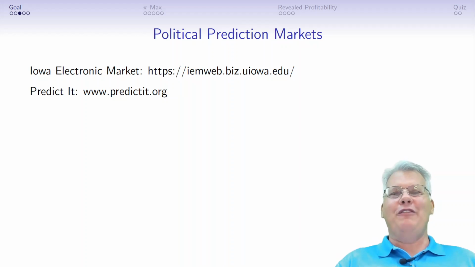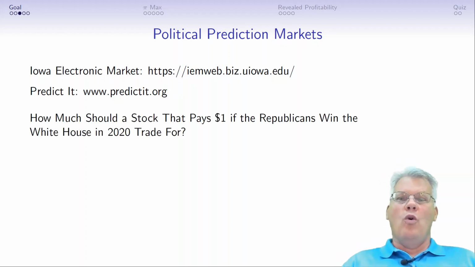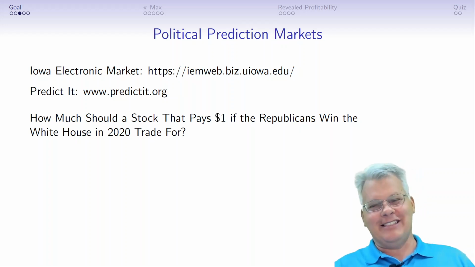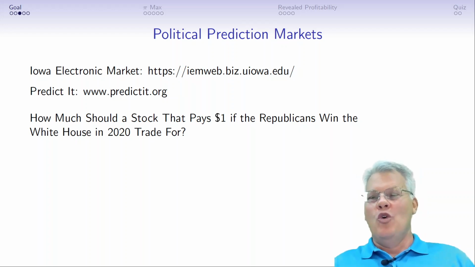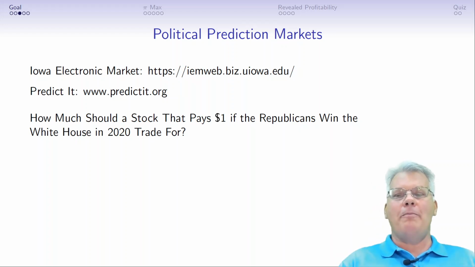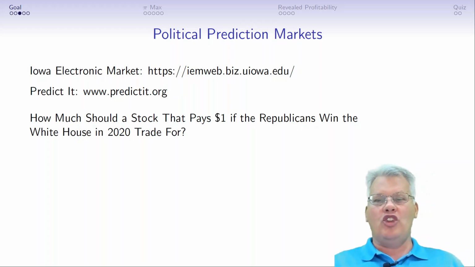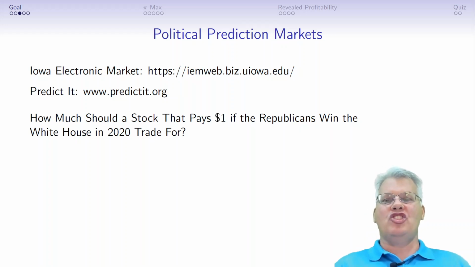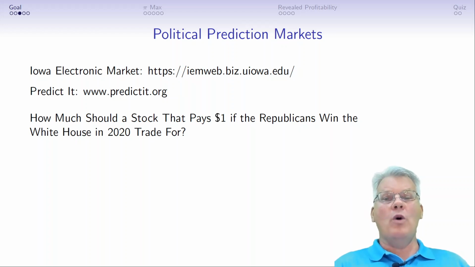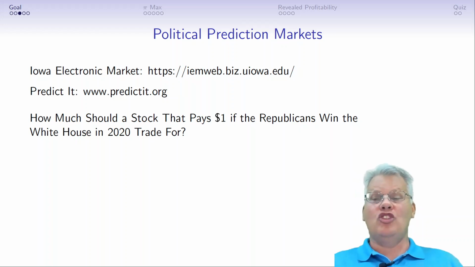It's absolutely fascinating. So to give an example from the past, we all know what the outcome of the 2020 presidential election was. But think about back in January of 2020: how much should a stock trade for that would pay $1 if the Republicans won the White House in 2020?